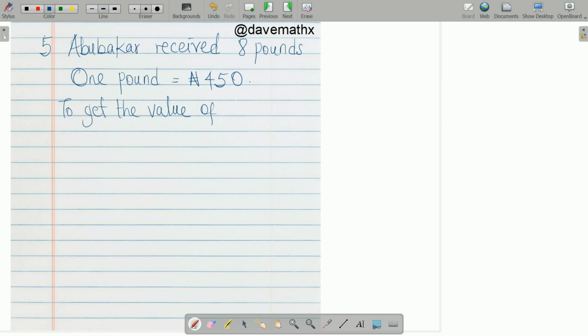The value of 8 pounds is calculated by multiplying it by 450 naira.